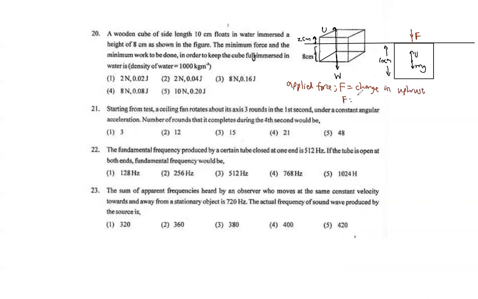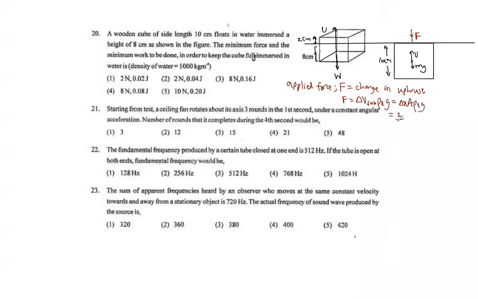So F is equal to the change in upthrust, which is the change in the submerged volume, times density of the liquid, times g. Change in the submerged volume: 2 centimeters is additionally submerged. So change in length times cross-sectional area times density of the liquid times g.